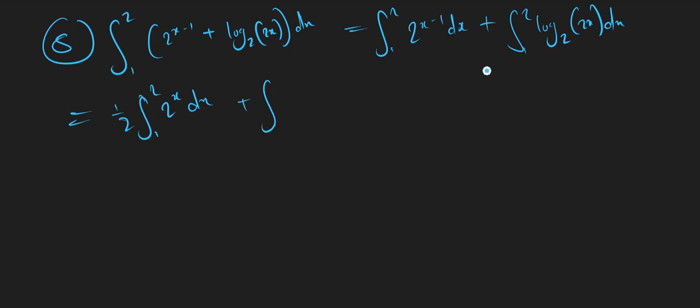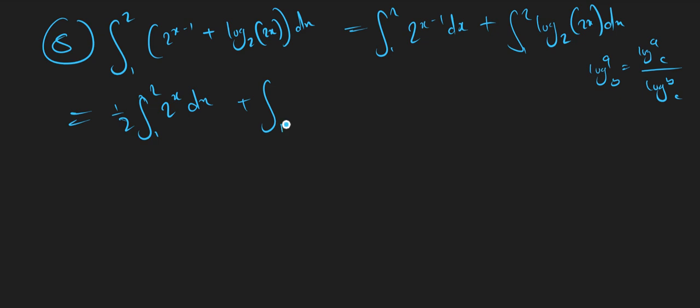Now notice that we can do change of base here, because we know that logarithm of a to base b is logarithm of a to base c divided by logarithm of b to base c. We can also factor it.